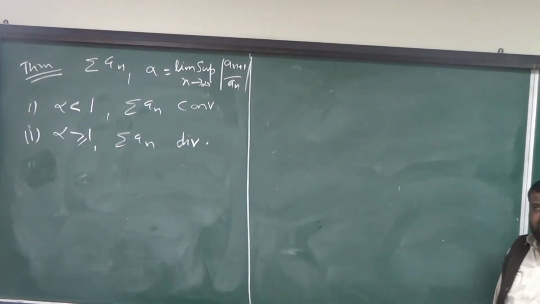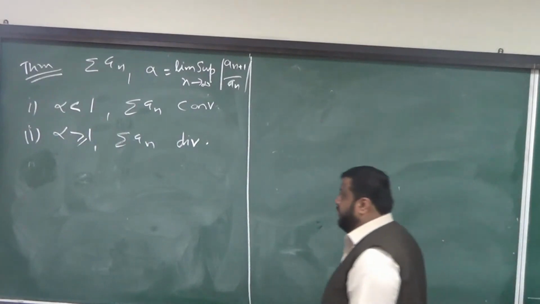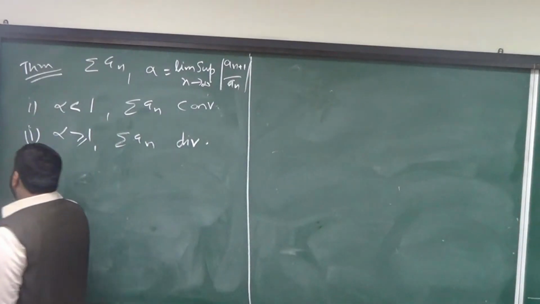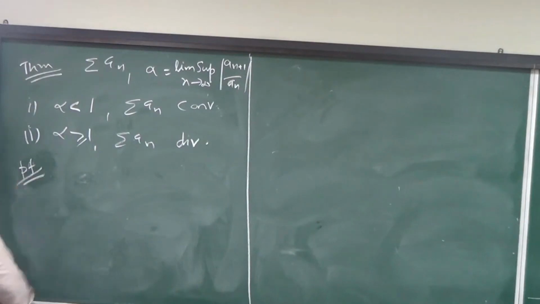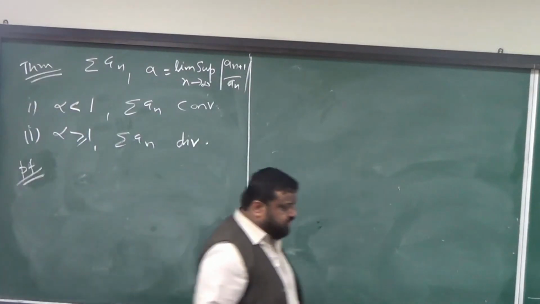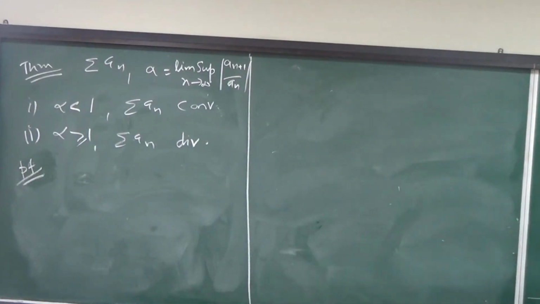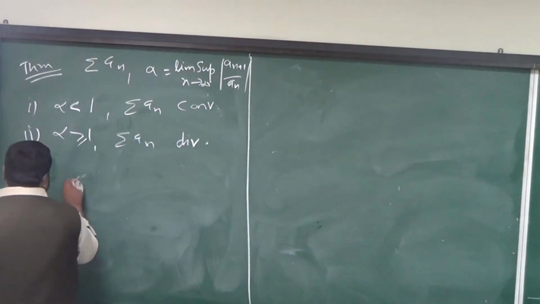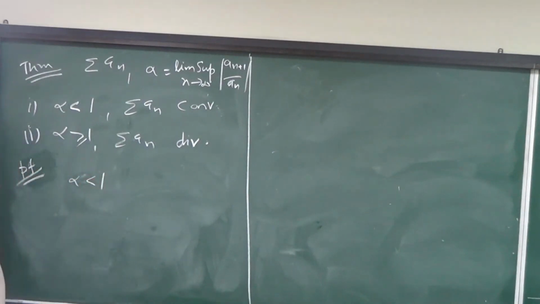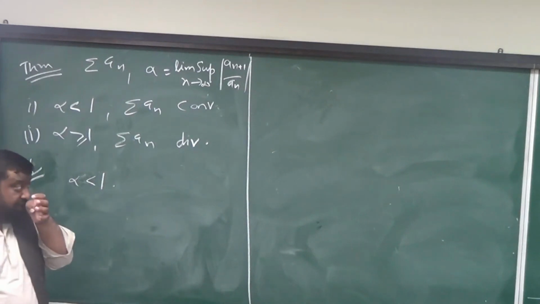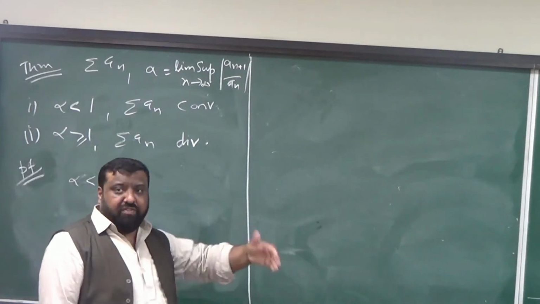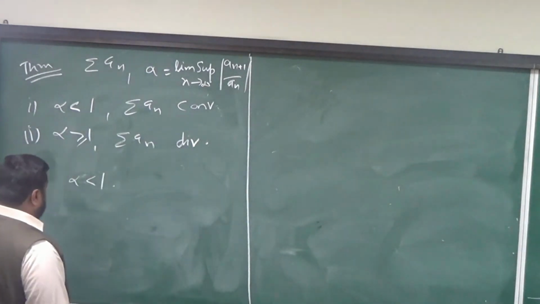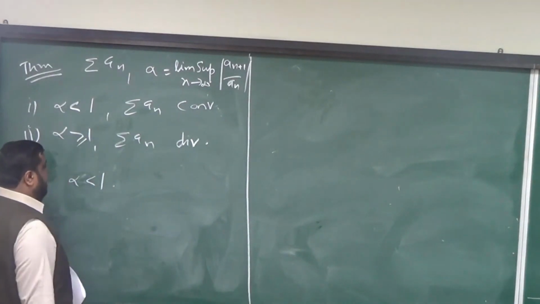Okay. We can follow from this. So I'll do the first part and you think about the second part. So imagine if alpha is smaller than 1. Okay? So this is not of any use. We need a beta between alpha and 1, so that we can run the comparison test.